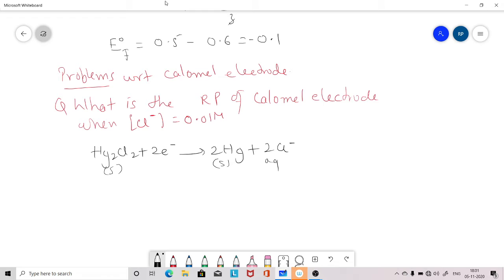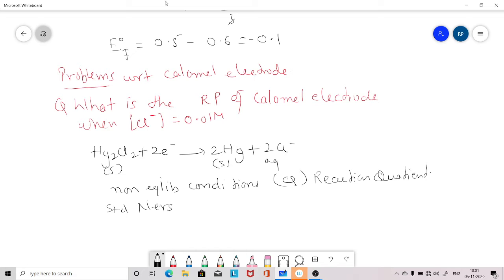Here there is no equilibrium, so instead of Ksp we will write Q, the reaction quotient, for non-equilibrium conditions. So we take the standard Nernst equation.